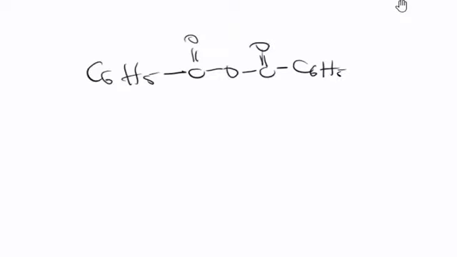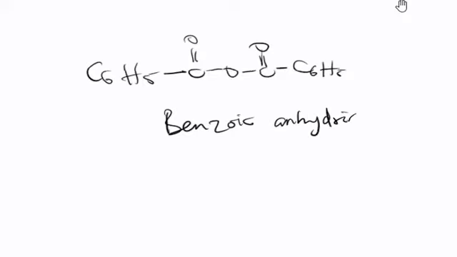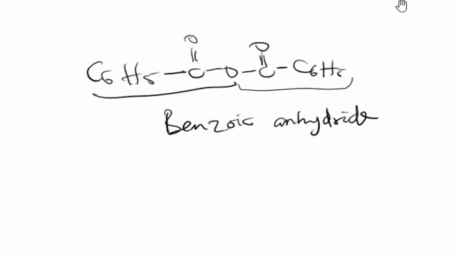This is a benzoic anhydride. So here I have a benzoic anhydride because this is a benzoic acid and this is a benzoic acid. So together I have a benzoic anhydride.